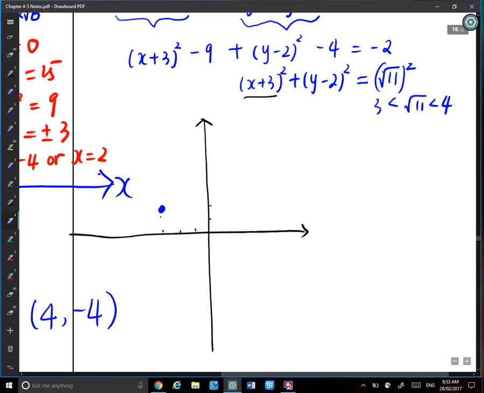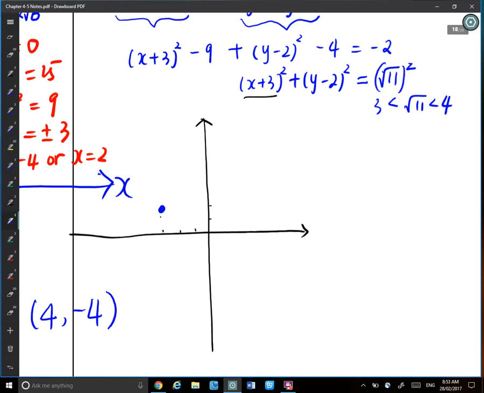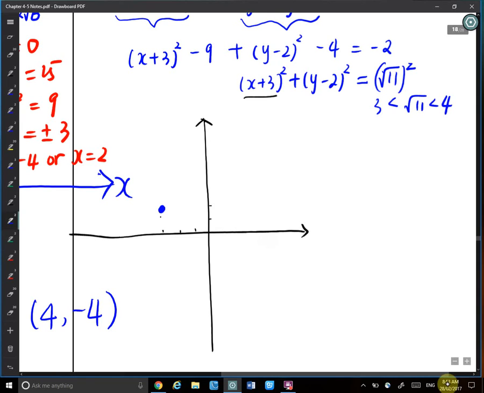So you will go right for root 11 units. Root 11 is beyond 3, so this point will be somewhere here. And go left for root 11 units, it's here. The center is minus 3, 2. This point will be minus 3 plus root 11, 2.